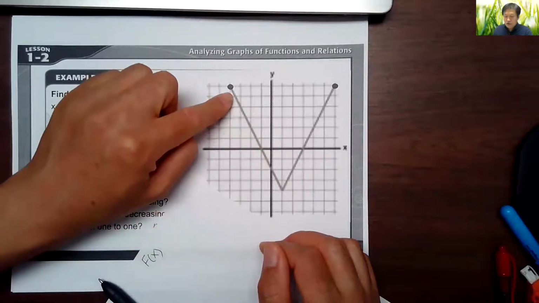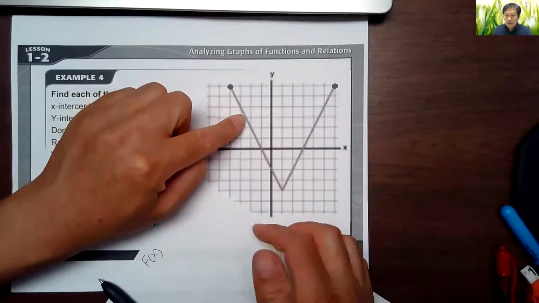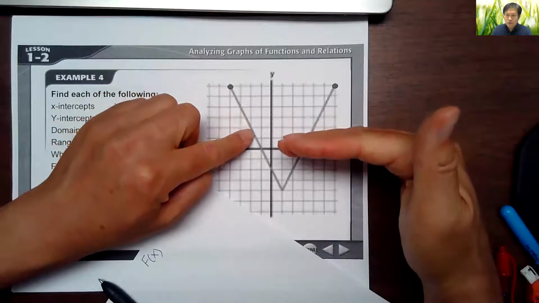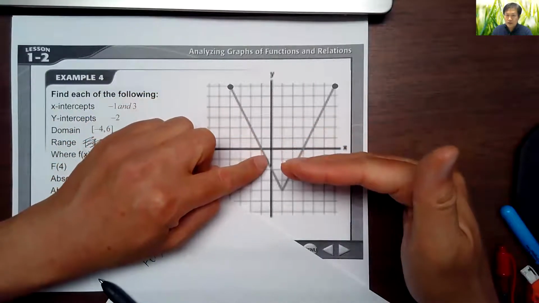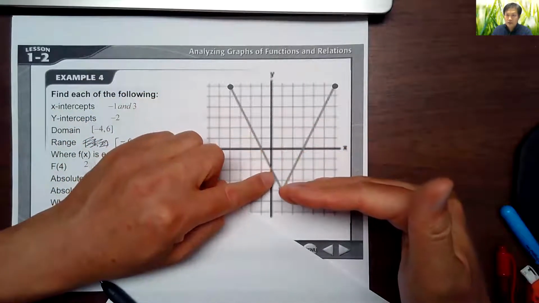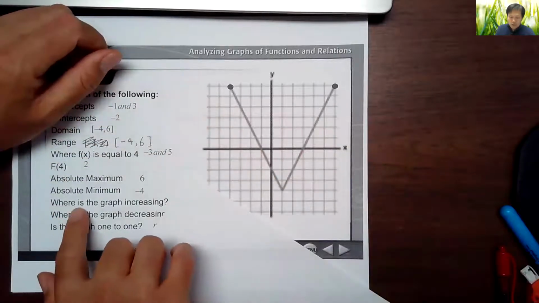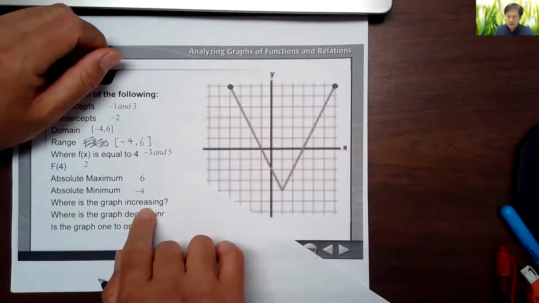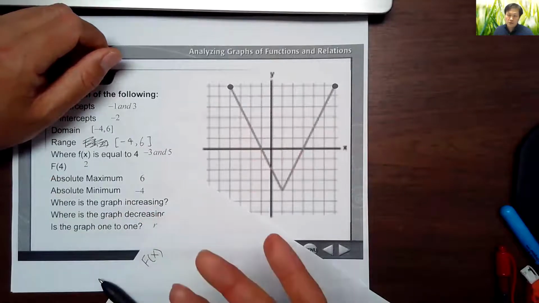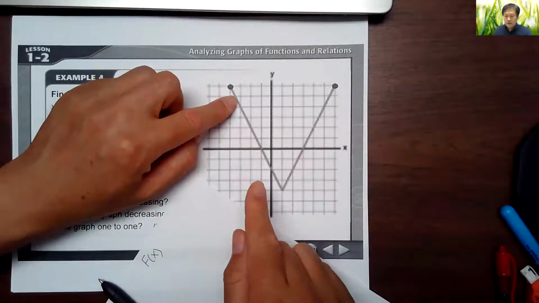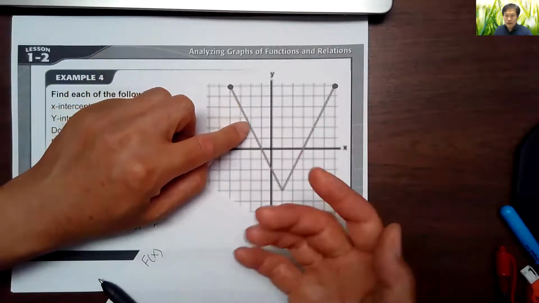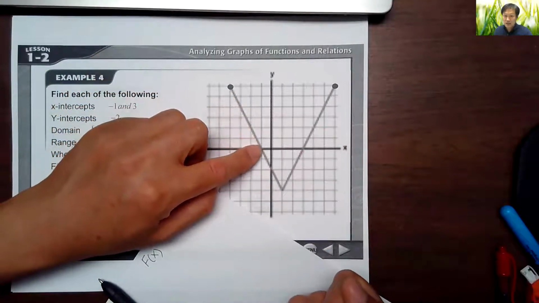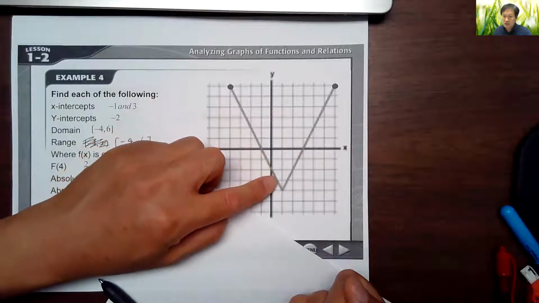So as you trace to the right, I'm asking, is the y value increasing or decreasing? Decreasing. So when we ask where the graph is increasing, we are asking where the y value is increasing. As you move to the right, the y value is decreasing.